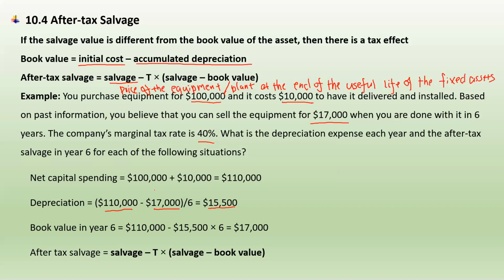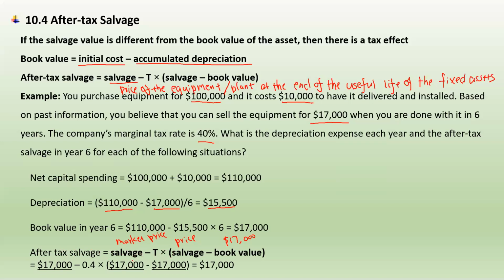And the after-tax salvage value equals the market price minus tax times (market price minus the book value), and this book value is 17,000. If you finally sell it at 17,000, then you do not need to pay any tax because you didn't make a profit from it.